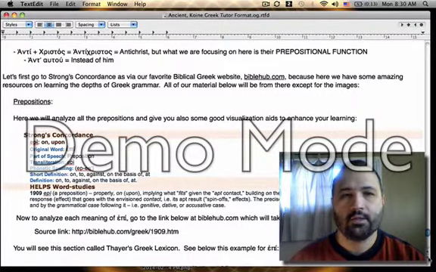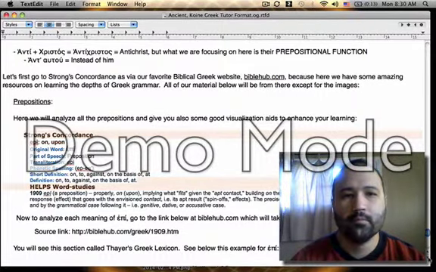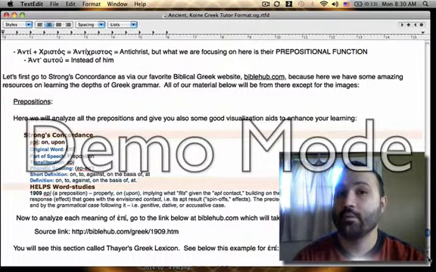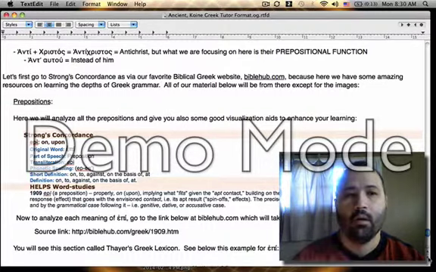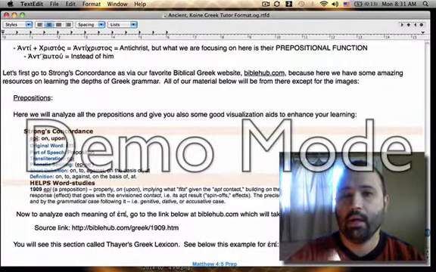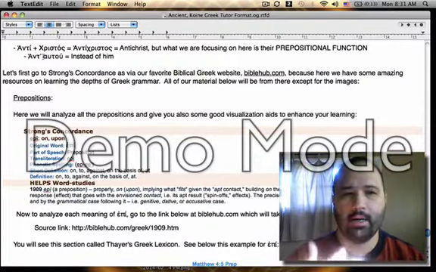But what we are focusing on here is their prepositional function. And here's a little note: anti also means instead of. So I give an example here.